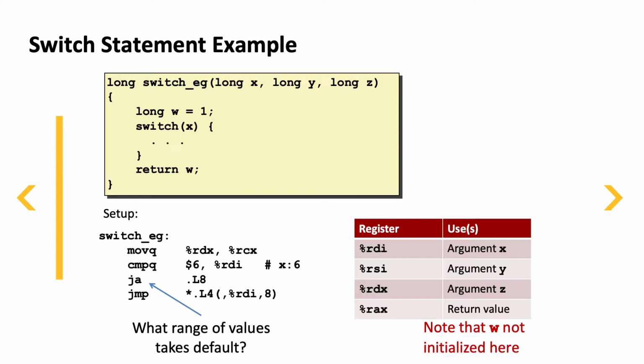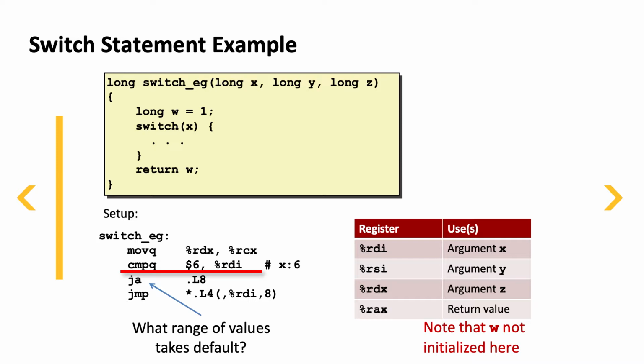There's no surprises there. And let's just take a look at a few lines of assembly that will handle some stuff for us. So first, let's move argument Z from RDX into RCX. That'll be useful later. So we want to remember that happened. We'll see why that happened in a little bit when we get into the actual cases.